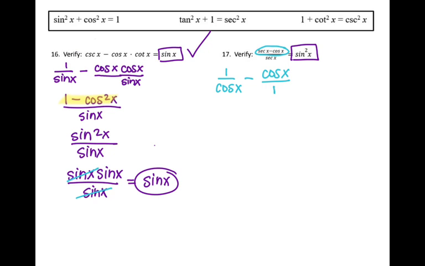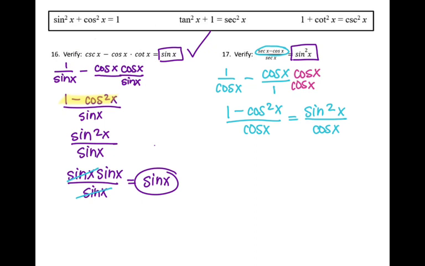I do need a common denominator, so I'm going to multiply this by cosine over cosine. So that leaves me with 1 minus cosine squared of x over cosine of x. And we've already established that 1 minus cosine squared is equal to sine squared, over cosine of x.